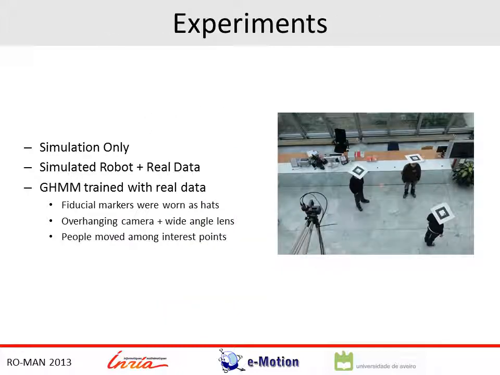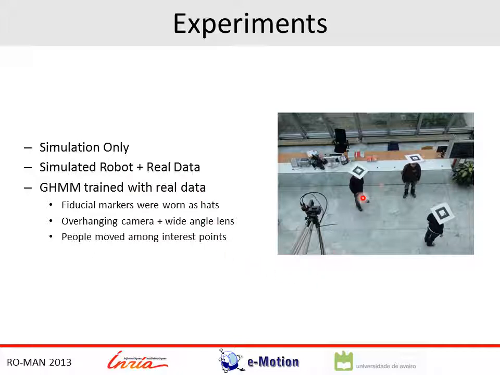For the experiments in this work, we used simulation, and we also used a simulated robot together with real data in a mixed environment of real and virtual. The GHMM was trained with both real data and simulated data.